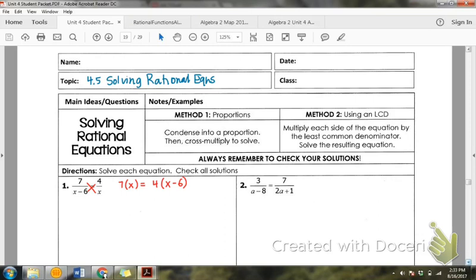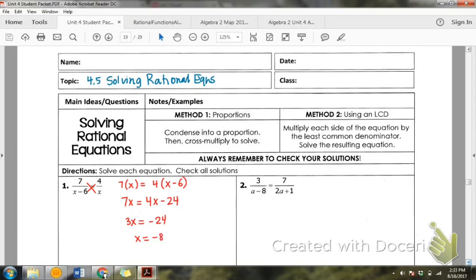We're going to distribute like normal. 7x equals 4x minus 24. We can solve this now. Get your x's to one side. So we're going to subtract 4x over. Gives me 3x equals negative 24. Negative 24 divided by 3, negative 8.